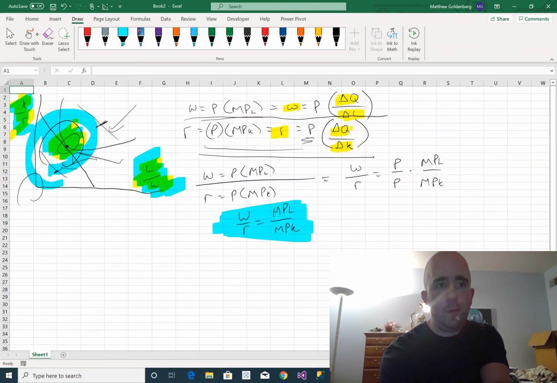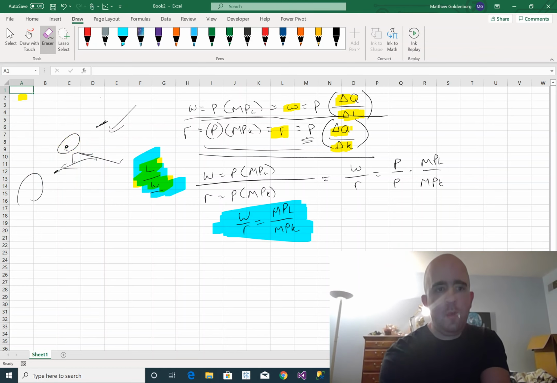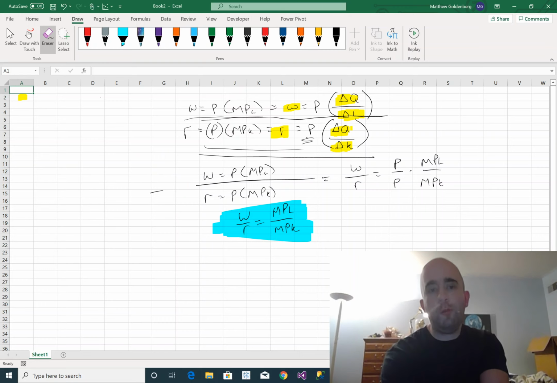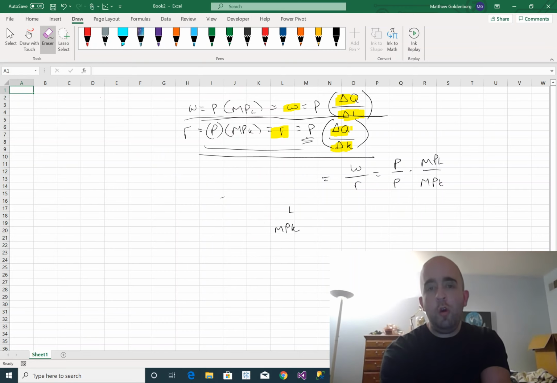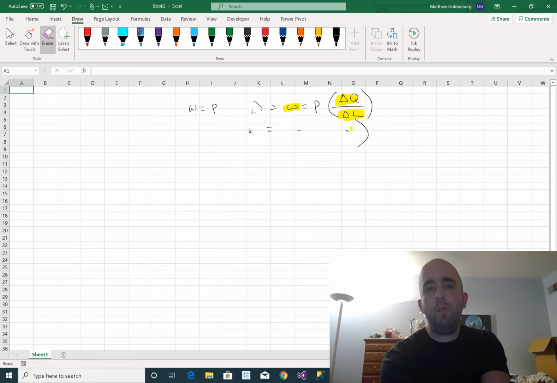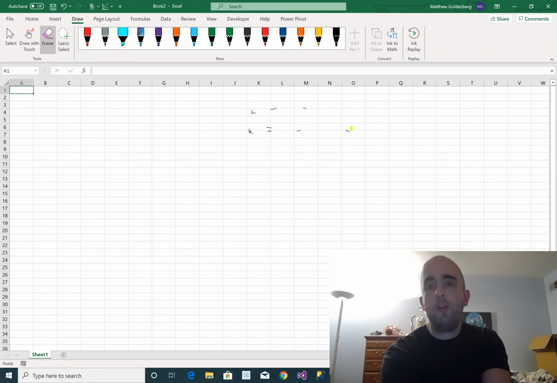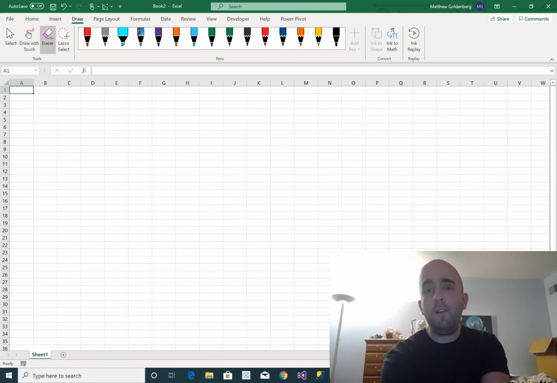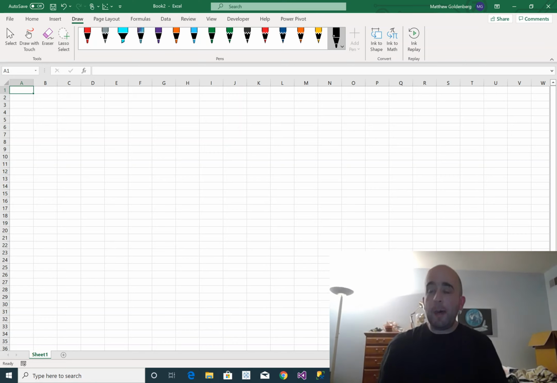Now let's take it one step further. Remember, we're not concerned with quantity. If we were, we wouldn't be worrying about what different amounts of wages or rates or capital or labor we get. We're trying to figure out the optimum quantity.